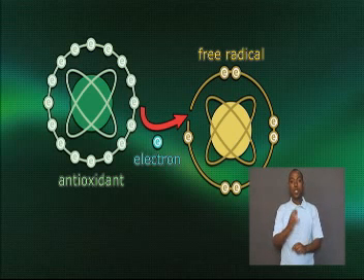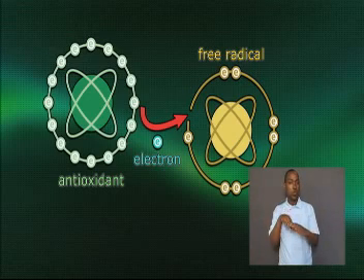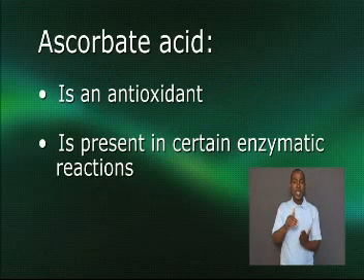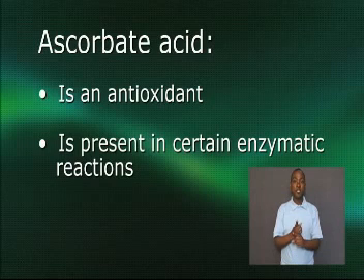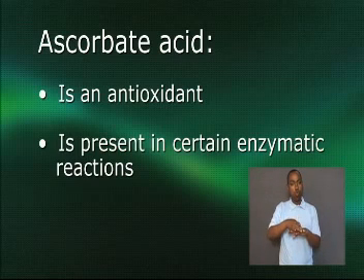When the chain reaction occurs in a cell, it can have damaging effects. Ascorbic acid is also present in certain enzymatic reactions, including reactions that form collagen. Reactions like this are important for healing wounds and preventing capillaries from bleeding.